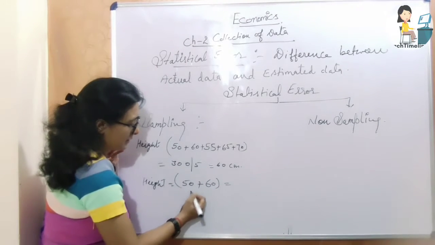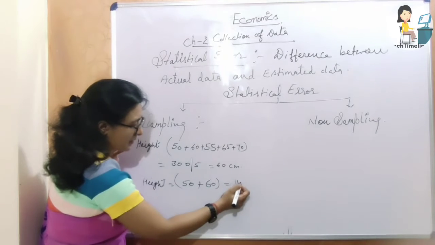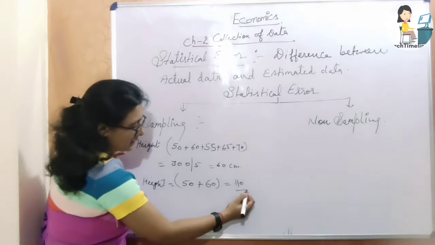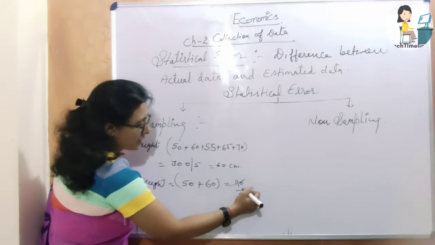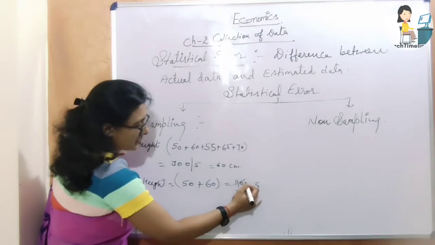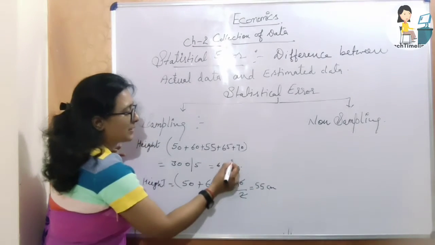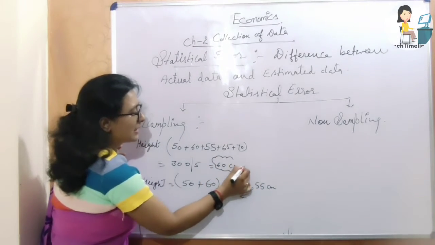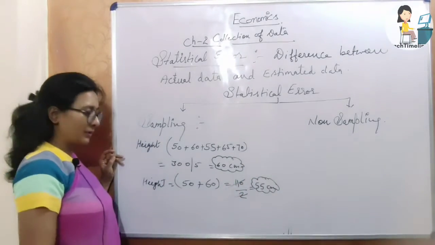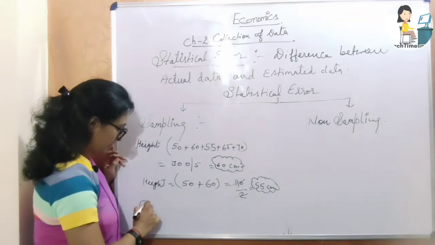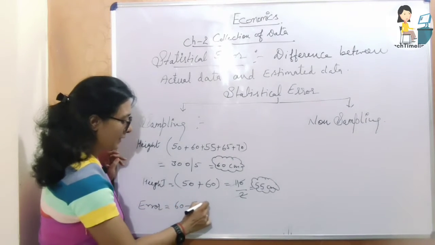Then I'll get the average, 55 centimeter. Children, there is a difference: 60 centimeter, 55. So the error is here. 60 minus 55, 5.